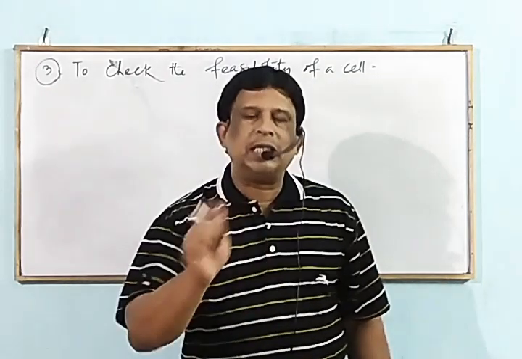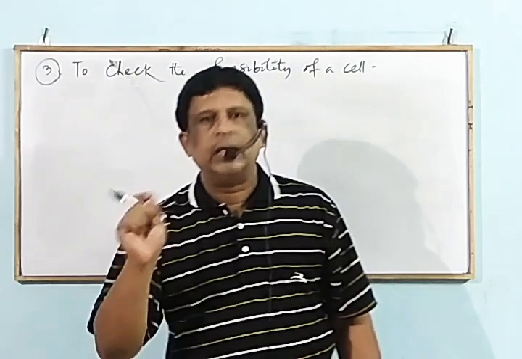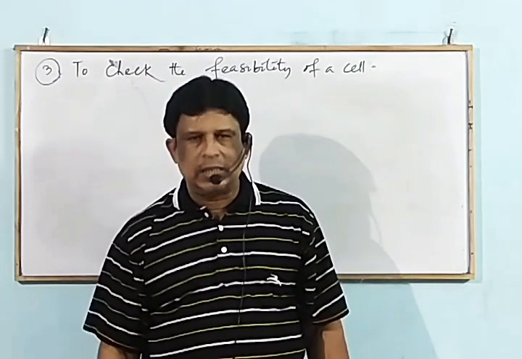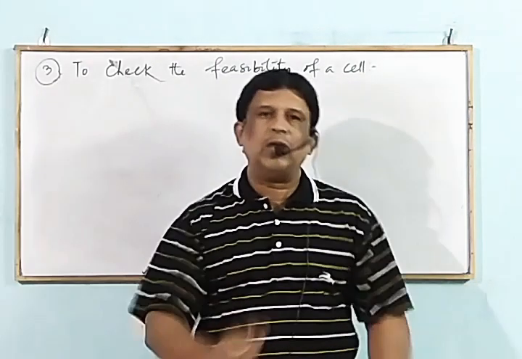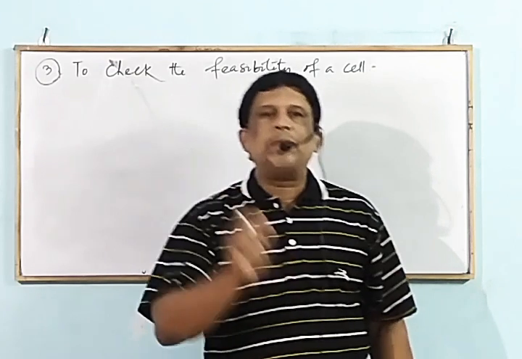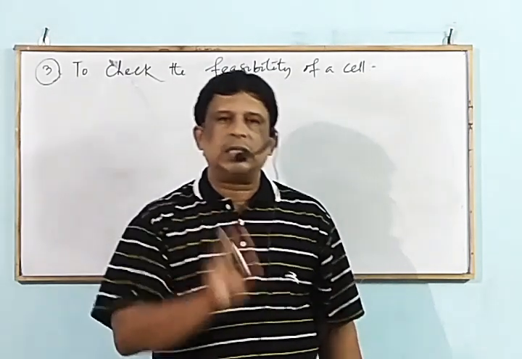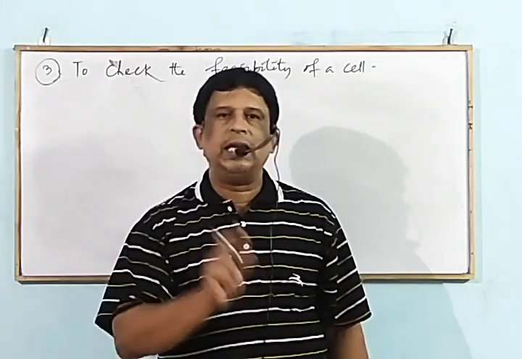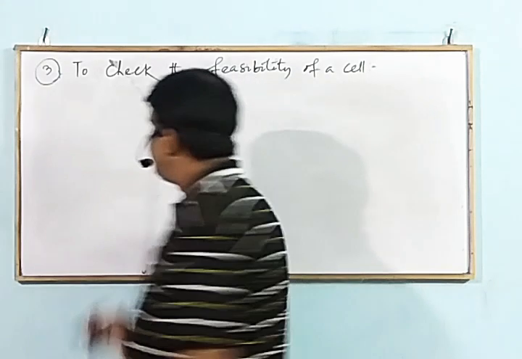If the EMF of a cell is a positive value, then the cell is feasible, meaning the cell functions, the cell works. On the other hand, if the EMF of a cell is negative, that means the cell does not function, the cell is out of order.